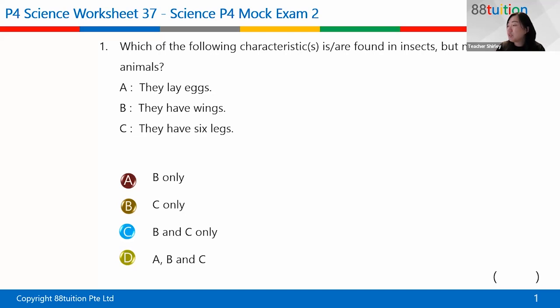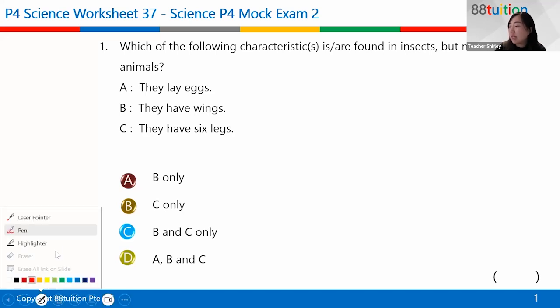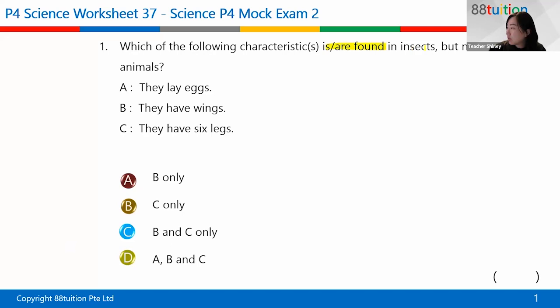I think I have a lot of volunteers. There's very good energy here. Can we have Catherine to do the first one? In insects, but not in other animals. The answer is B, C only, which means that they have 6 legs.